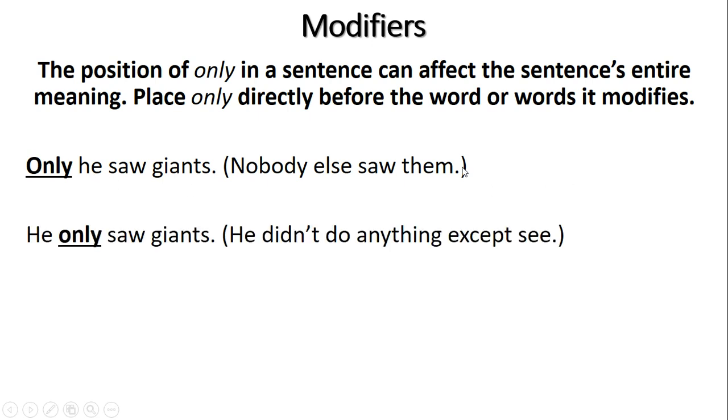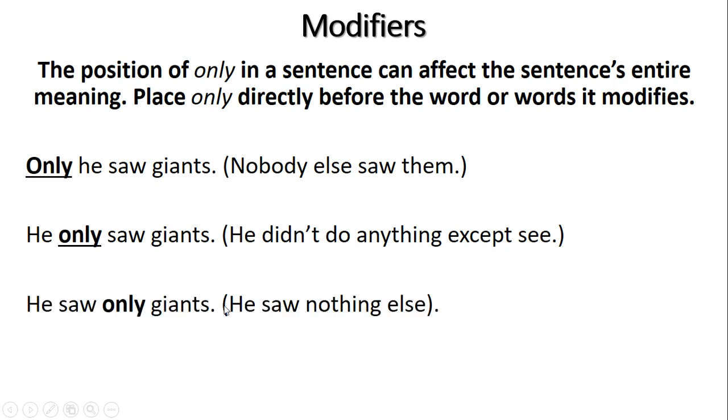The next sentence is he only saw giants. Now, it's the exact same words, but this meaning is that he didn't do anything else except see the giants. So in the first sentence, nobody else saw the giants except for him, and in this sentence, the only thing that he did was see the giants.